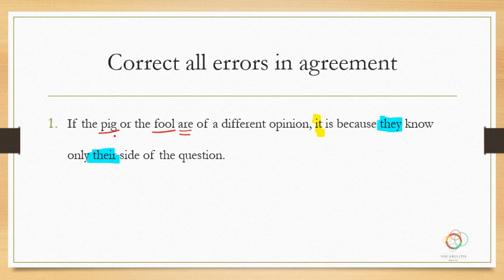All right, because you have the or situation, when you have an or connector, you have subject, subject, pig and fool, you must ignore this one and go with this one. And that's why the verb needs to be is. Okay, if the pig or the fool is of a different opinion, it is because the fool, he, knows only his side of the question.